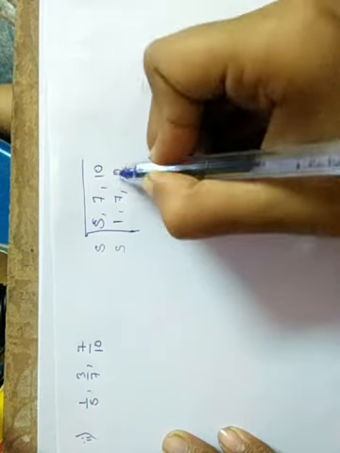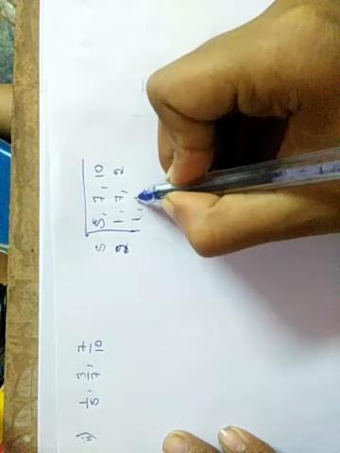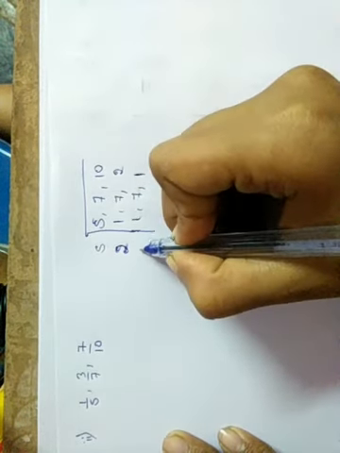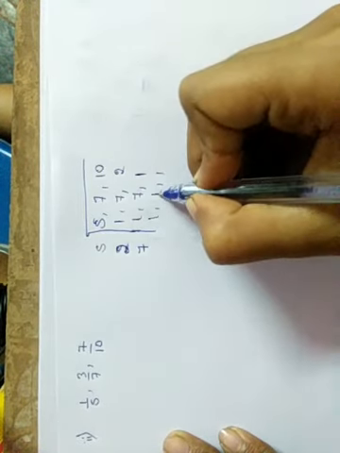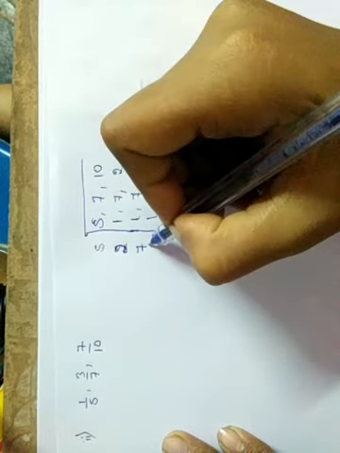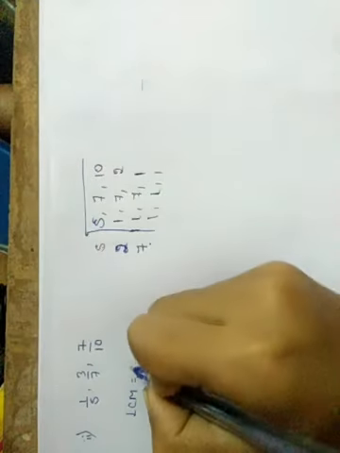Again with 2 I will simplify, right? We will keep 1 as it is, we will keep 7 as it is, 2 ones are 2. Again with 7, 1, 1, 1. 7 ones are 7, right? Now 5 twos are 10. 10 into 7 will get 70. So LCM is 70.